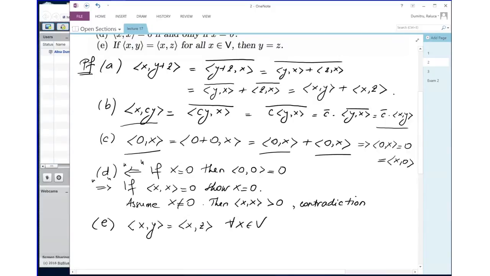So if you can show that for two vectors y and z that are fixed or given, the inner product between x and y is the same as the inner product between x and z, but that holds for every vector x, then y equals z. So we need to show that y equals z.